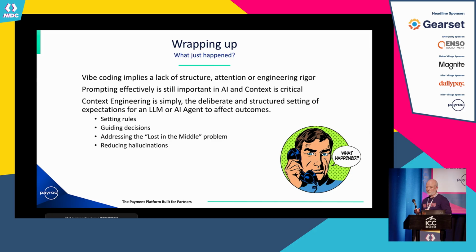What you've just seen there could be considered vibe coding: give the instruction, accept what's given back to you. But it's all about that context: setting the rules, being the structured thinker in the conversation, and providing the context. So it's simply making that process of problem breakdown and providing information more deliberate and structured.